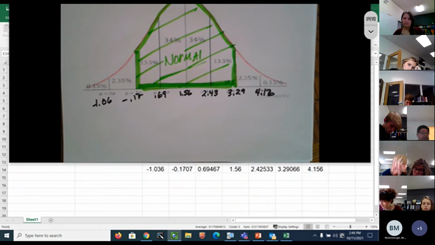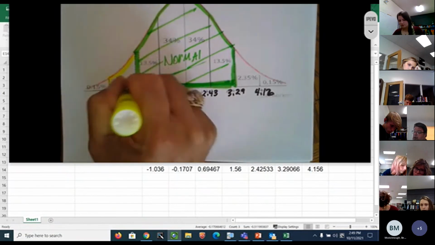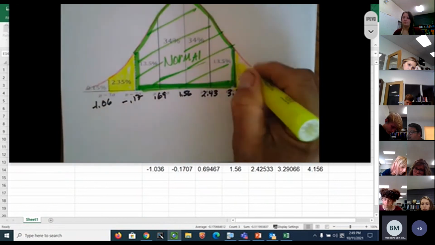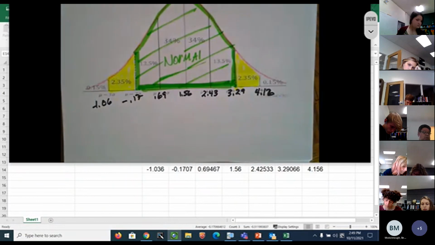Outside of two standard deviations, what's outside right here in the yellow? Unusual. And then what's the pink area?